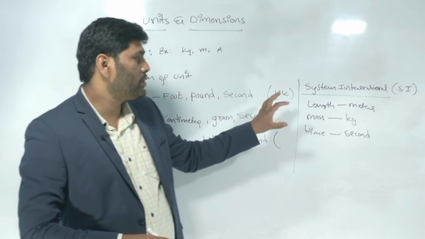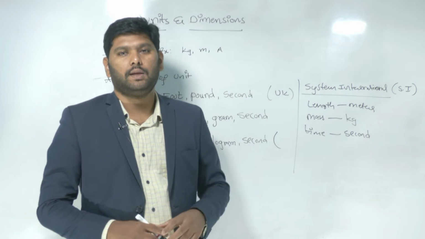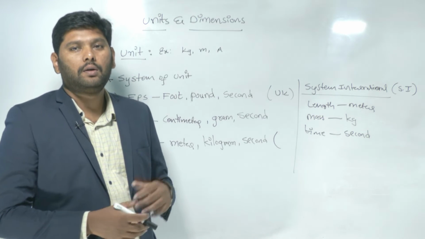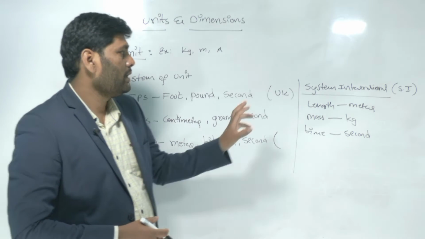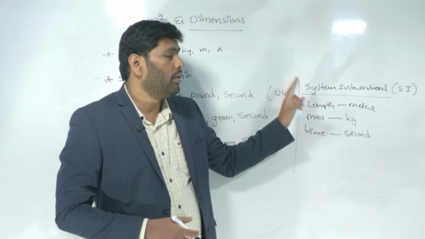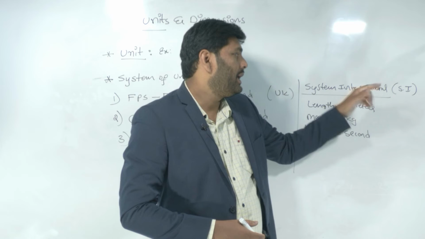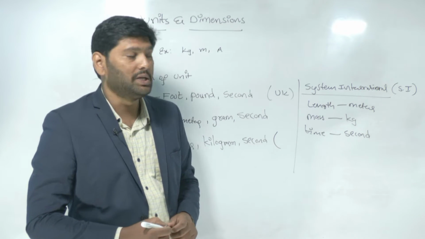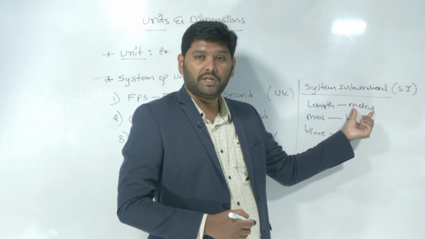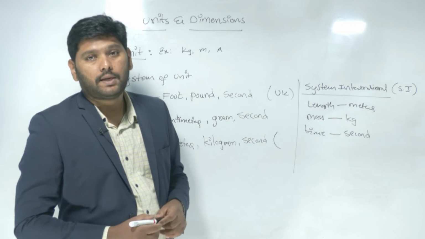Because when every country uses the same units, there is no conflict in measuring the physical quantities. So all countries will measure with one system, that is SI. SI means System International. In this SI system, the length unit is meter, mass unit is kg, and time unit is second.